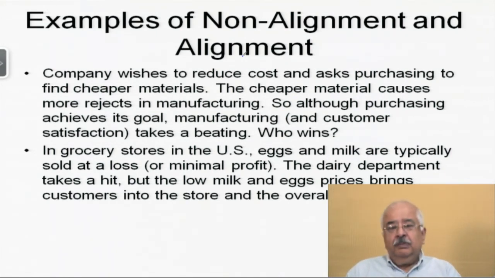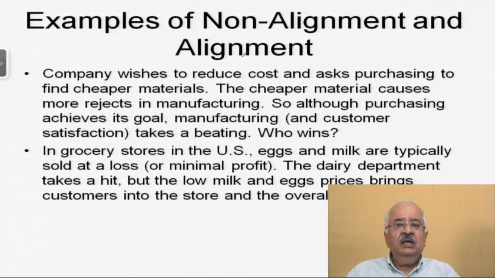But the problem is that when we ask purchasing to find cheaper materials, that is not the same thing as reducing cost. There's a difference between a purchase price and the total cost of ownership of a certain part or a product.